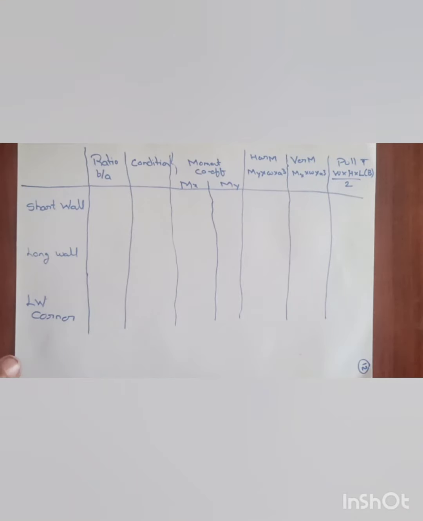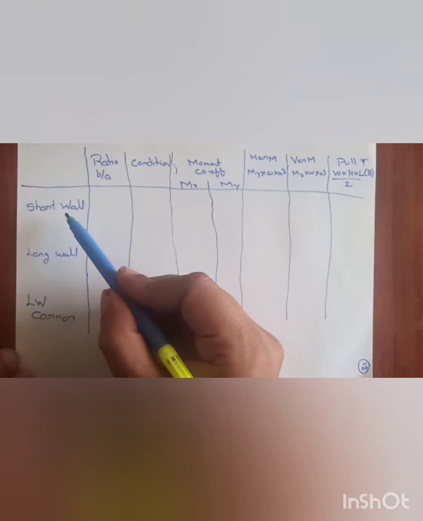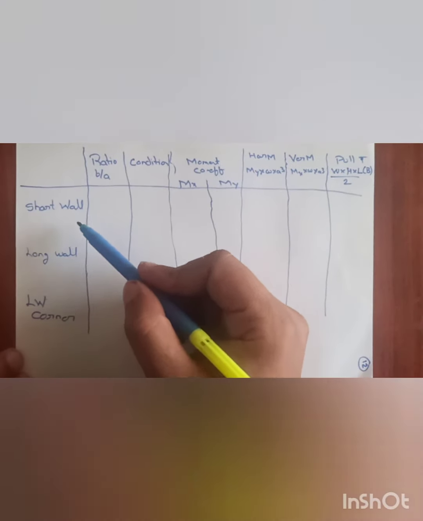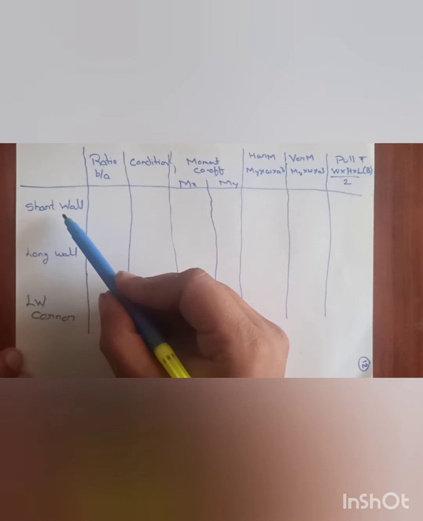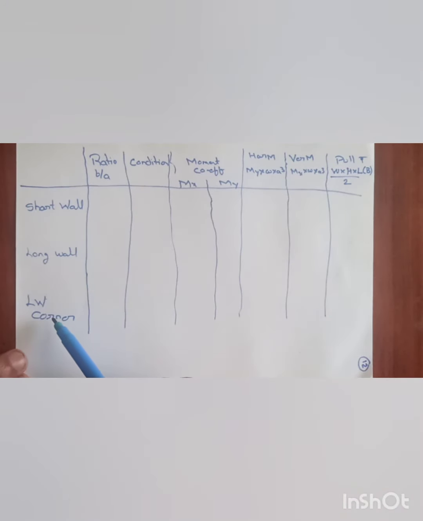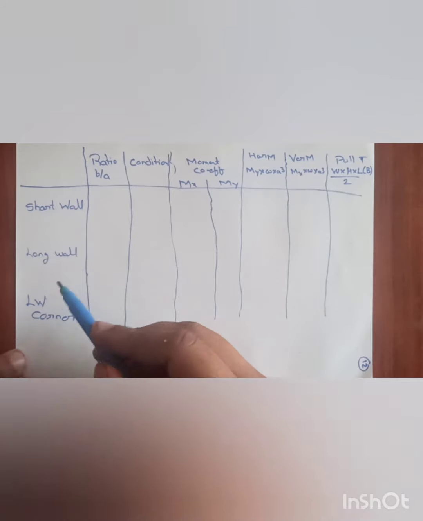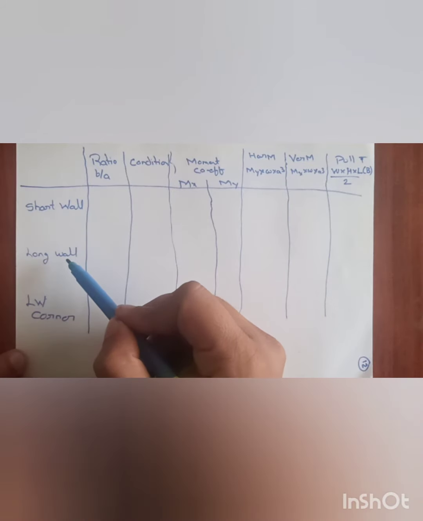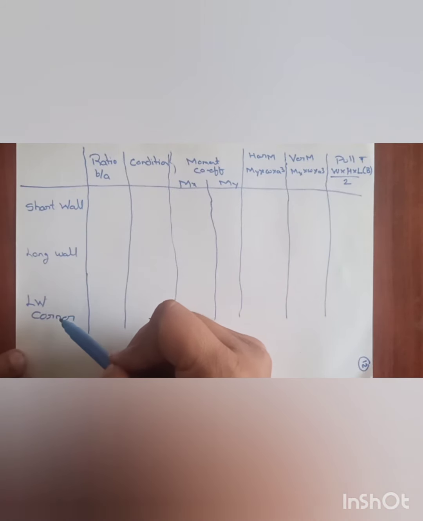So here you can see we will be designing the short wall, so we need the moments and pull for short wall, we need it for long wall, and let us do it for long wall corner as well, because it will be subjected to maximum stress. So we will be doing it for short wall, long wall and long wall corner.